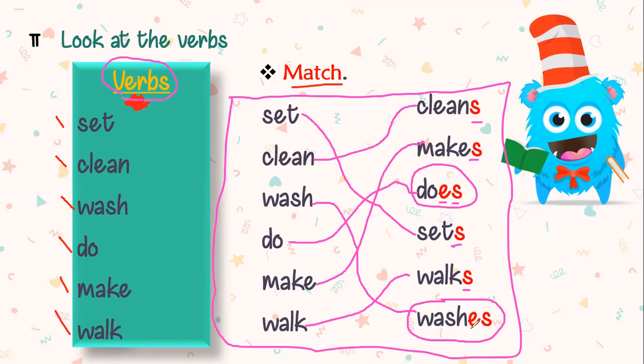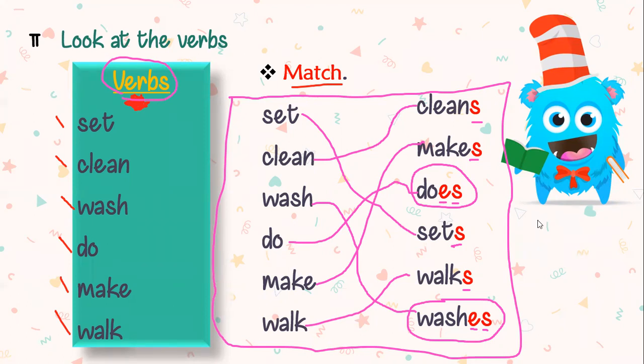In this case, washes, when we use it in the third person. So one more time, there are some verbs that you only add the letter S to, but there are also verbs that end with ES, like for example do and wash. When we conjugate, instead of saying do, we use does, and instead of using wash, we use washes.